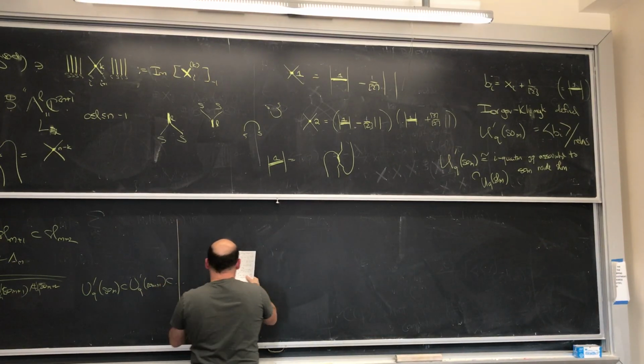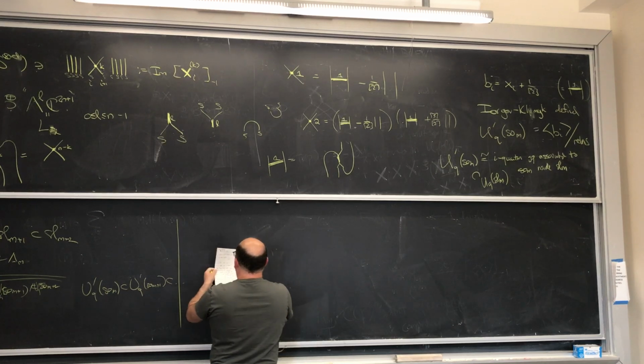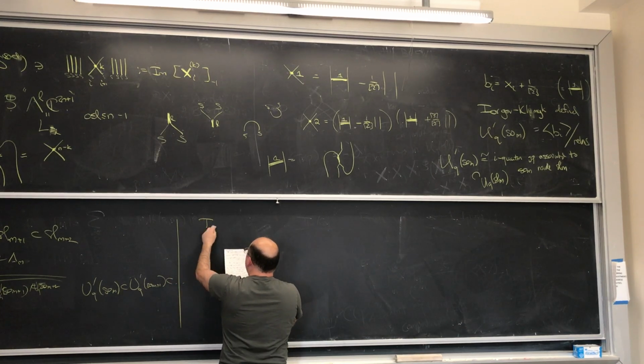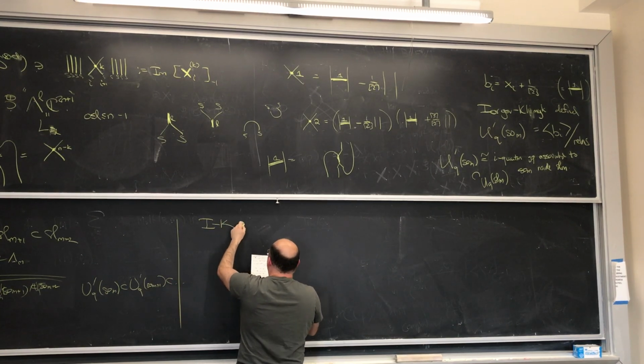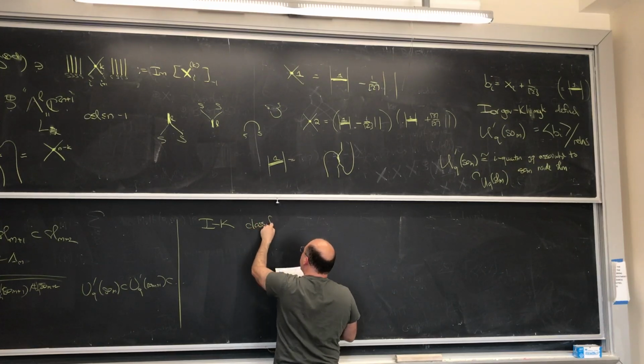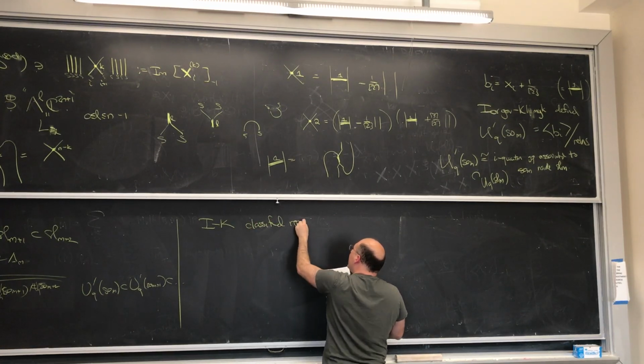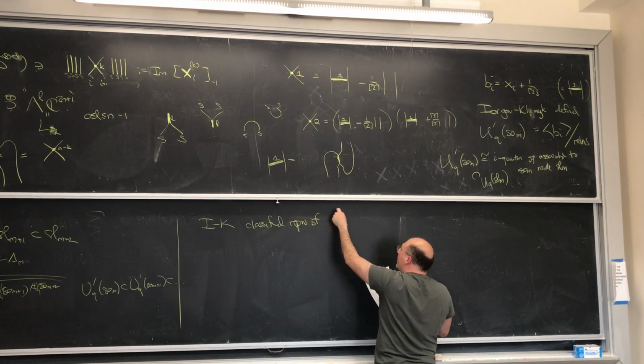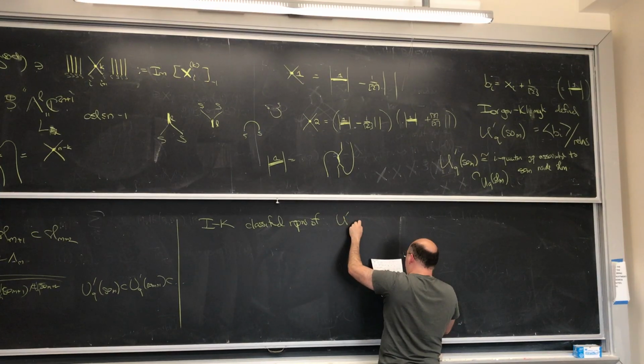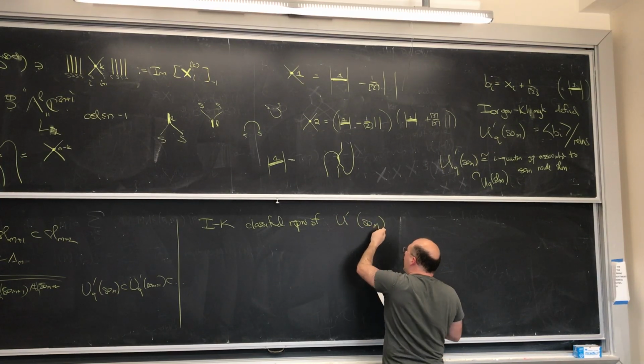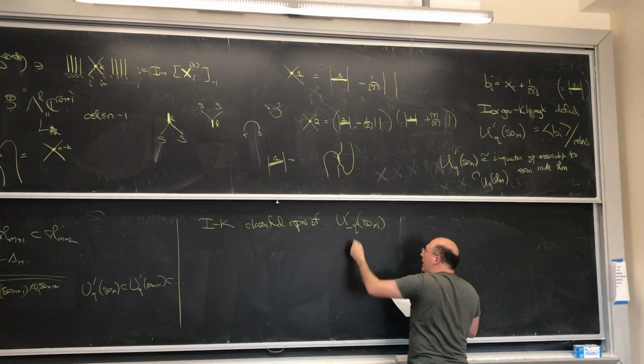So what Yorgov and Klimek did is they classified the representations of this I-quantum group. And what I'm going to do right now is just straight up put a minus q squared here.